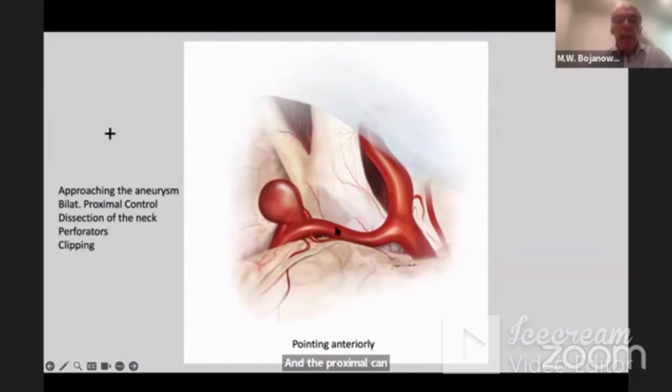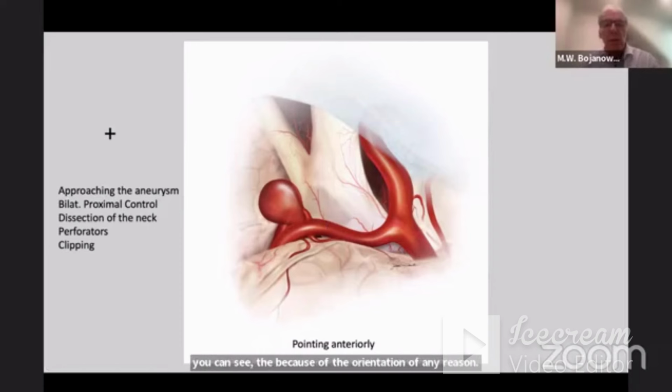As you can see, because of the orientation of the aneurysm, the proximal control from the other side is not difficult because you have the space and you can work close to the neck on the ventral part of the aneurysm. Most of the time it's not so difficult to have access to the A1 on the opposite side.